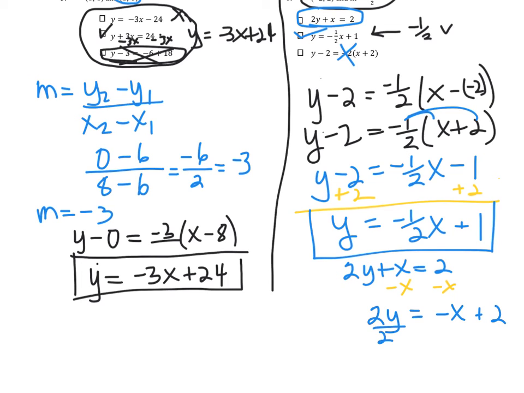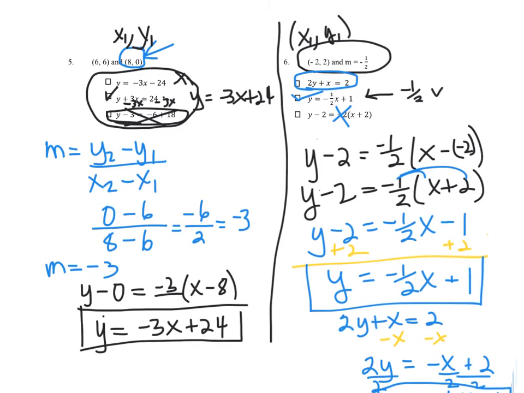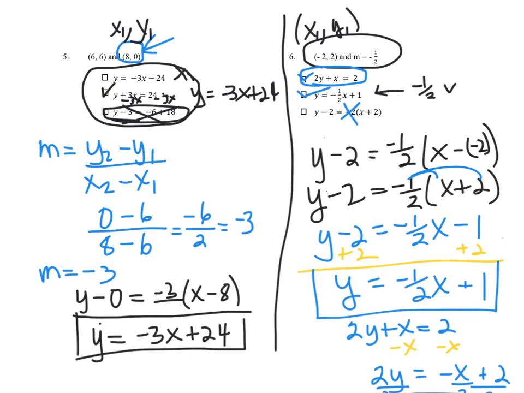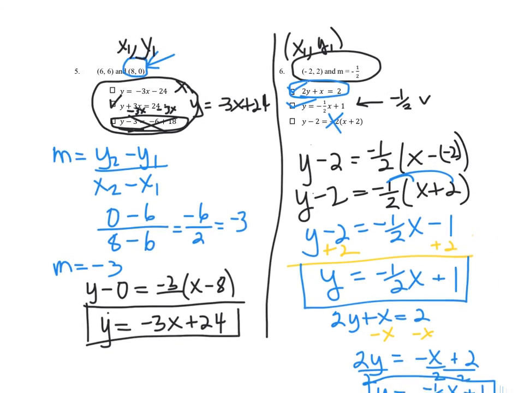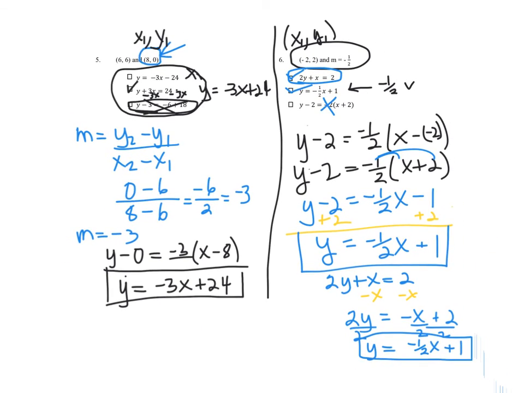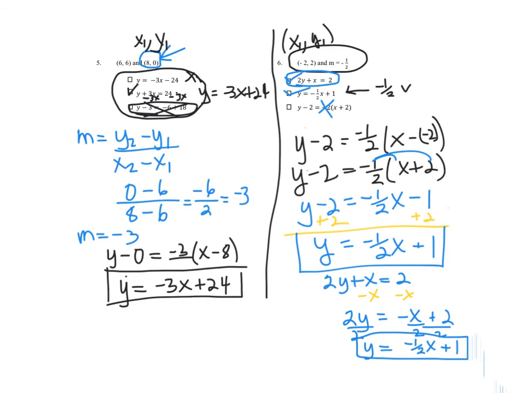And then if I divide everything by 2, I get y equals negative 1/2 x plus 1. And so this one is also correct. So in this one we had 2 correct answers. Hope this helps.